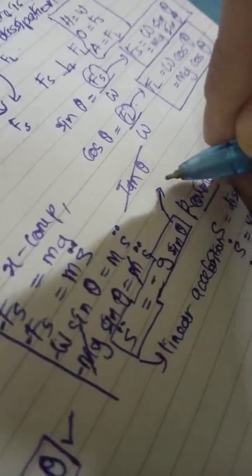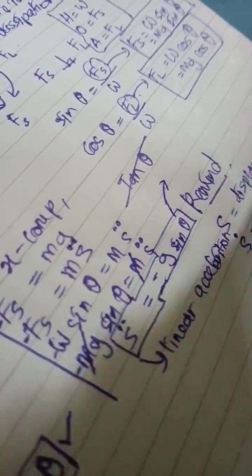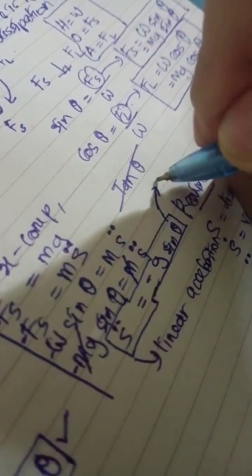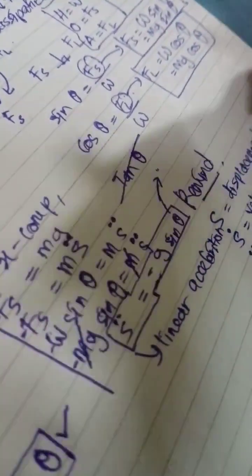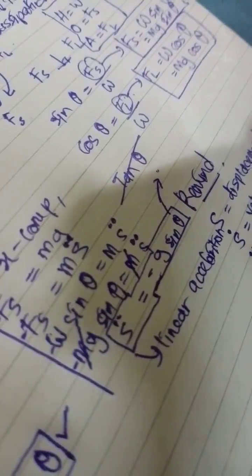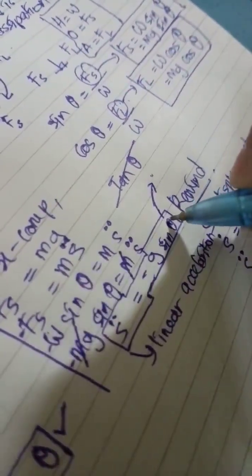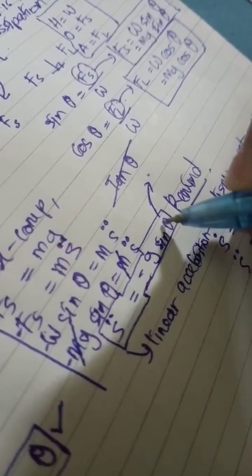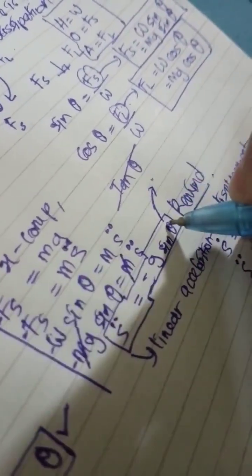That means s double dot changes when theta changes. Now we want to do a little further experimentation, where we turn theta into an acceleration.